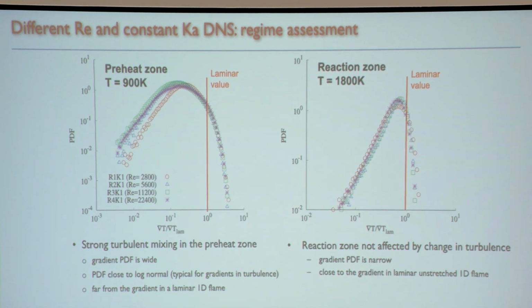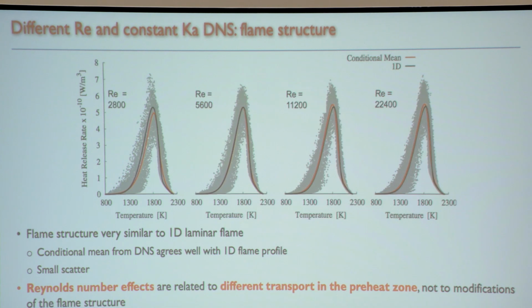So all these flames seem to be in the thin reaction zones regime. And one other interesting thing: there are many different cases here, but they all seem to be the same, with very little difference, because they all have the same Karlovitz number. They all come out the same in these ratios, which is what you should expect if the Karlovitz number is a meaningful quantity.